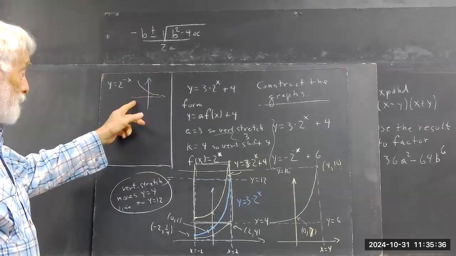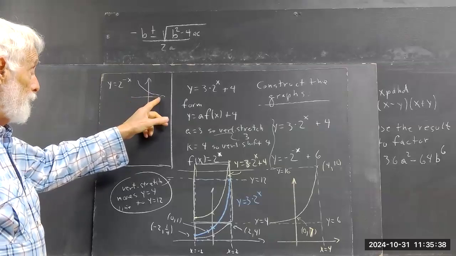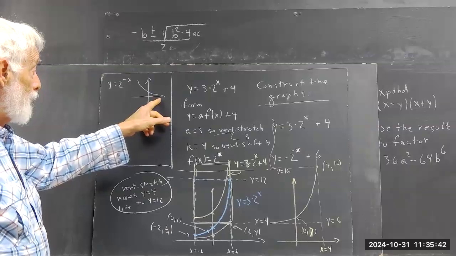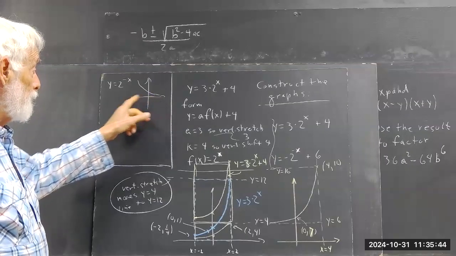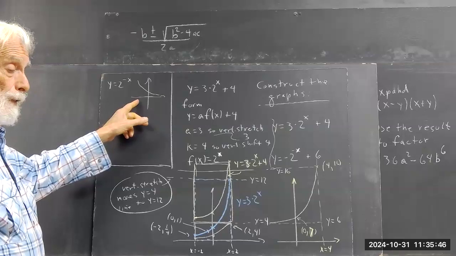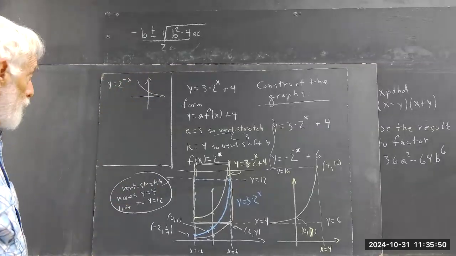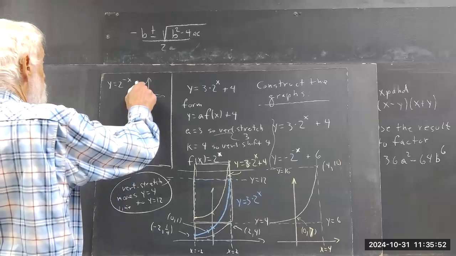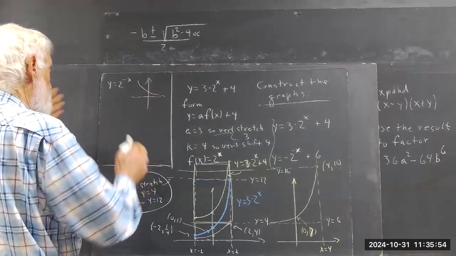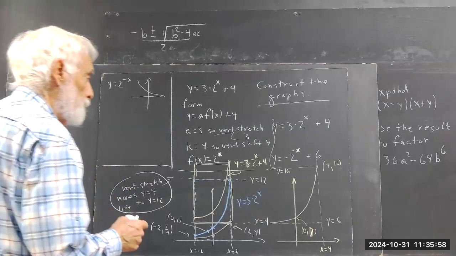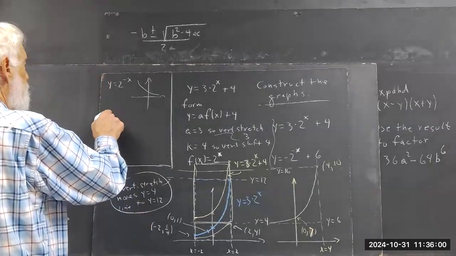X becomes negative x. So if at this point you have the point 2, 4, then 2 to the negative x will give you the point -2, 4. So your rectangle flips. I'm not going to try to draw that because it's going to be the same rectangle, it'll be a little bit clumsy.